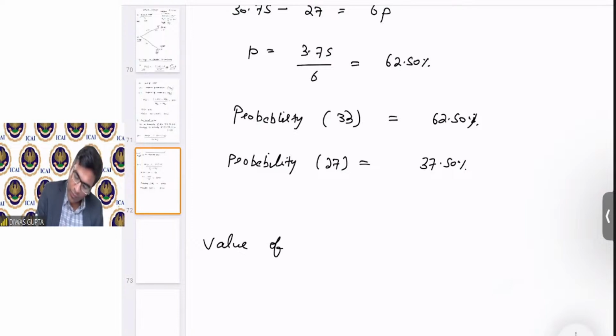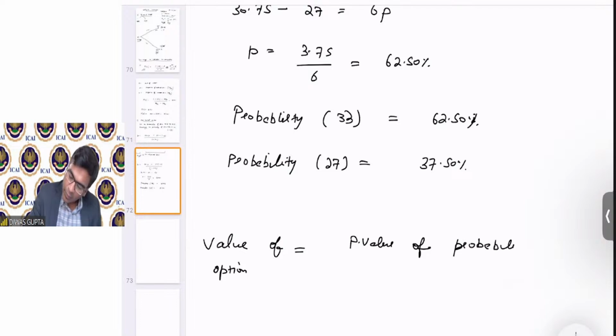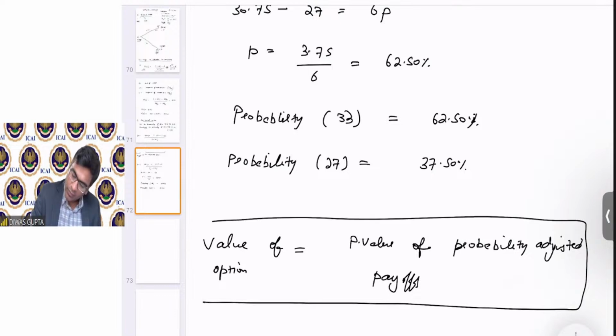Value of option is equal to present value of probability adjusted payoffs. Please remember, students, this is a very, very important line. So the value of an option as per binomial model is the present value of probability adjusted payoffs.